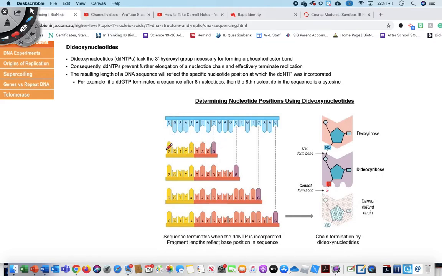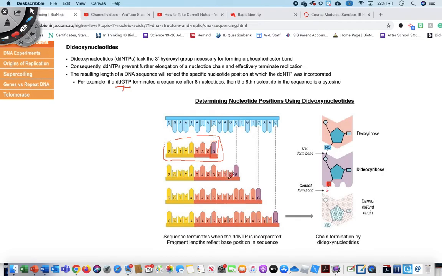Here, for example, if I add ddGTP, remember that these ddNTPs can be made up of G, C, A, or T. If I add one that has G, then every time I am copying this DNA strand and the sequence stops right here, I know that the corresponding base is C. So every time this fragment stops, it's going to stop at a C.